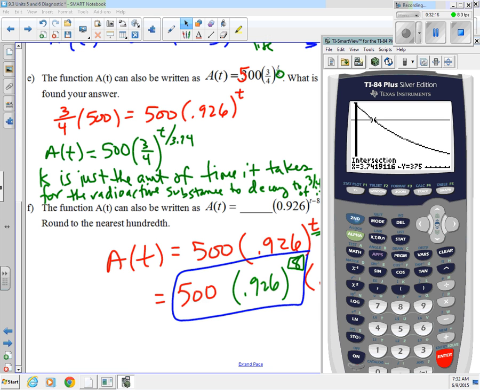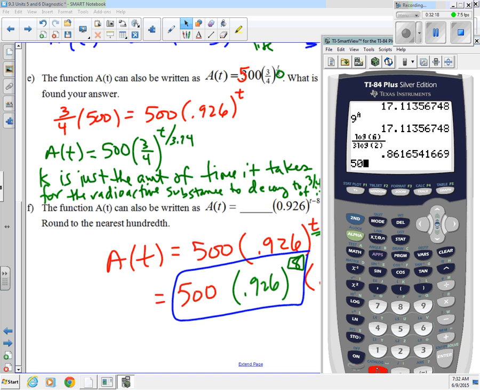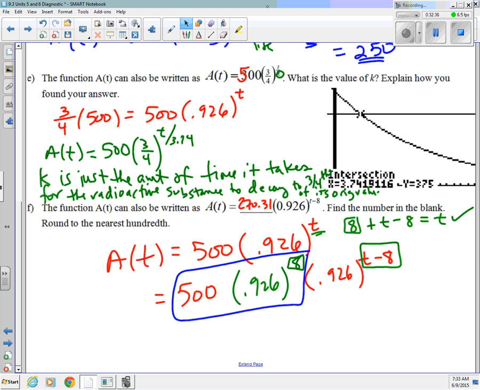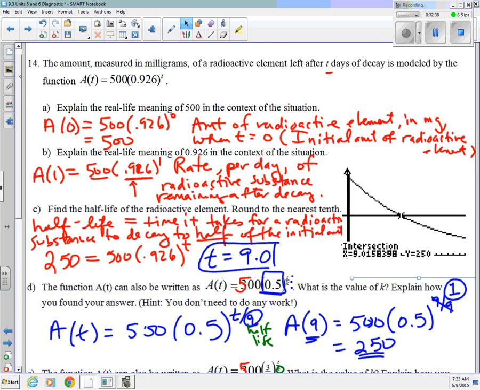So that's 500 times 0.926 to the 8th power goes in the box. And that's 270.31. And what is the meaning of that number? Well, that number is the amount of radioactive substance left after 8 days. I believe we're in days here, right? We are in days.